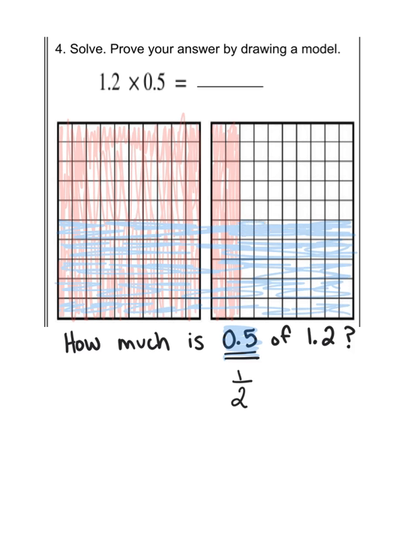Okay, and then 5 tenths of 1 2 tenths is represented with this amount here. So your job is to calculate this. How many hundredths do you have here? Or how many tenths? And record it there. That's your product.